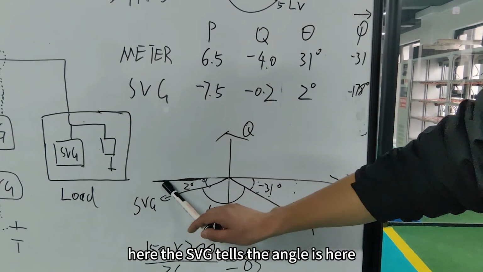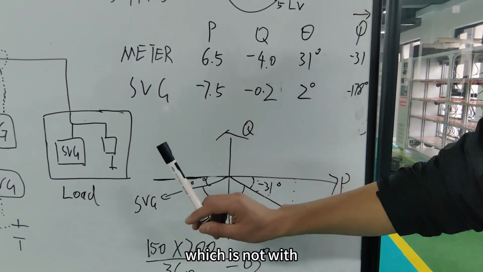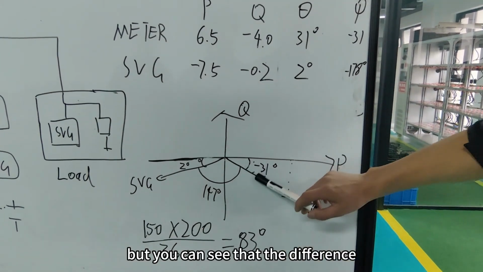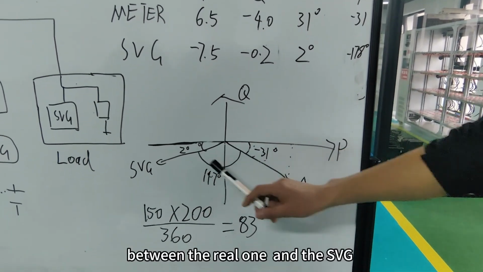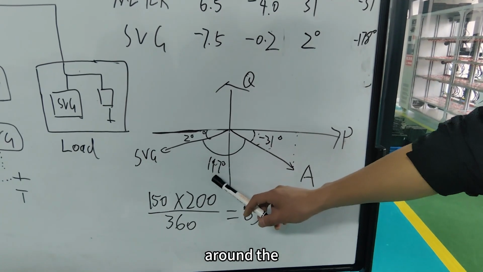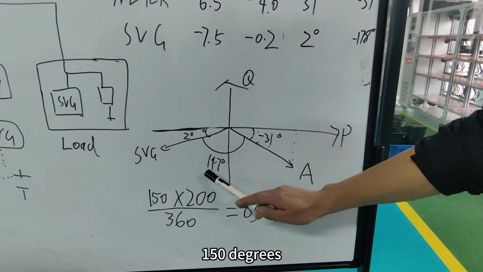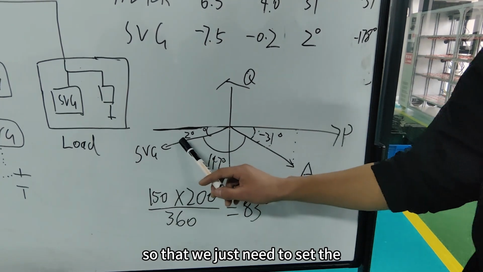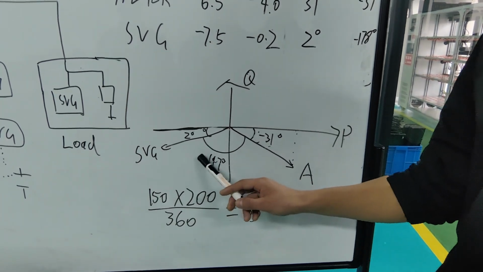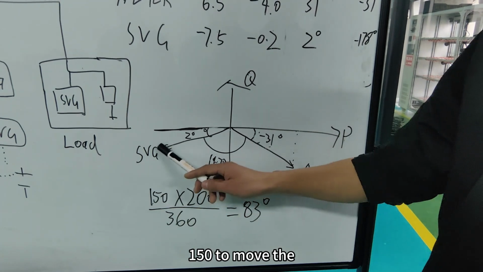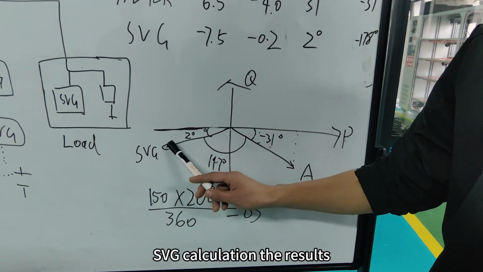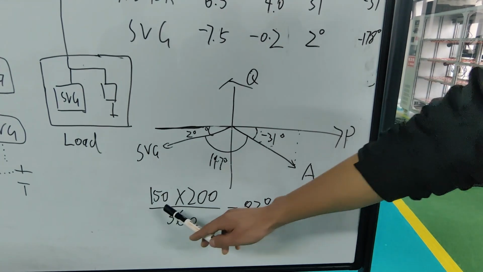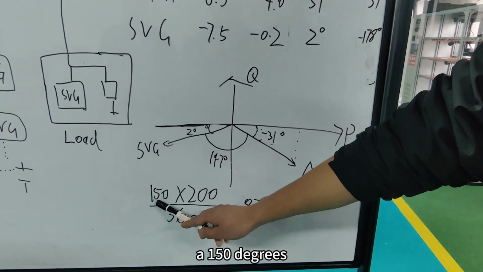Here, the SVG shows the angle here, which is not the real fact. You can see that the difference between the real one and the SVG reading is around 150 degrees. So we just need to set the phase offset of 150 to move the SVG calculation result to the real one. So we add 150 degrees.